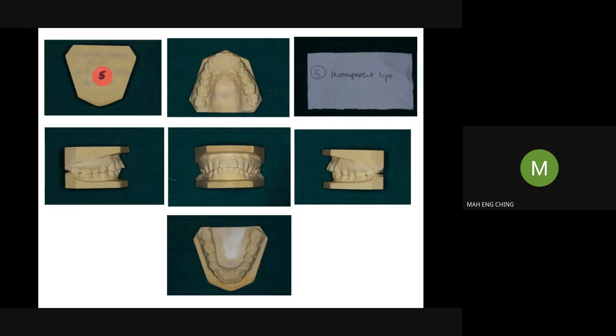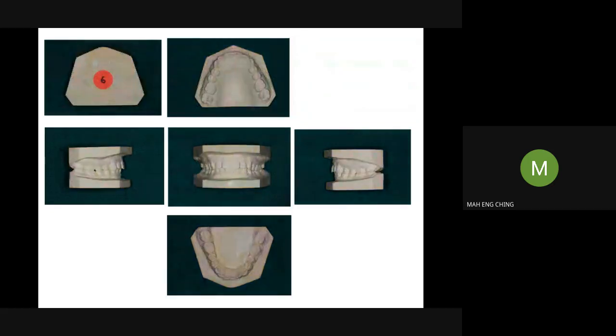Okay, number 6, simple this one. Again, almost perfect class 1. Almost perfect occlusion, with slightly mild displacement on the 1-1 and 1-2. Or you can argue the buccal interdigitation is not perfectly class 1 molars and canine.